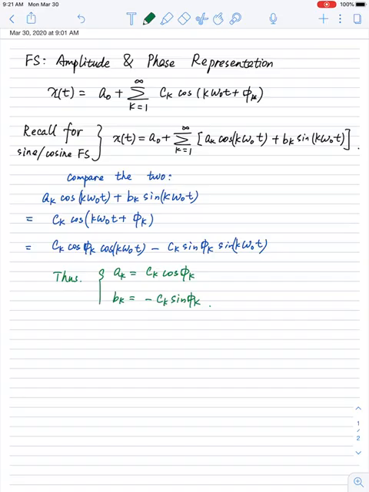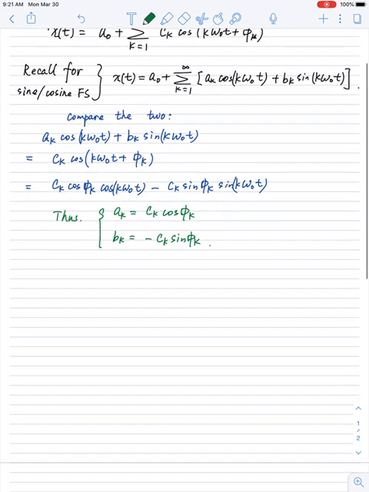Now, in the reverse direction, if we have the values of ak and bk, and we are trying to calculate the coefficients ck and phi k for the amplitude and phase representation, we can use the following formulas. So ck is equal to the square root of ak squared plus bk squared. And phi k can be expressed in two formulas.